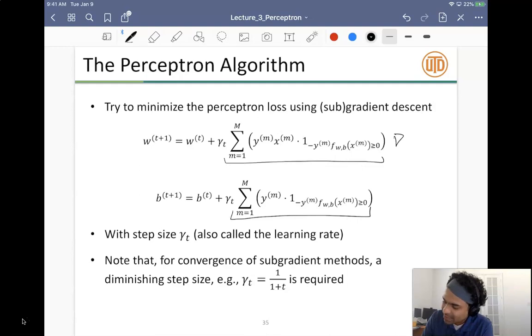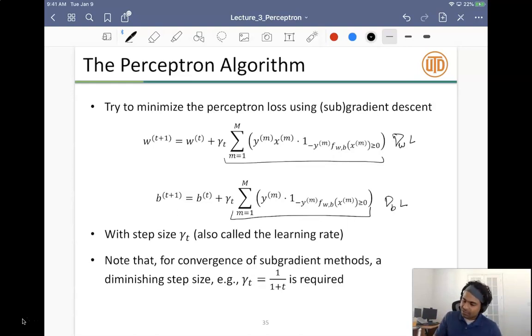I'm just using the delta sign. Typically you use the delta sign only for gradients, but I'm being a little lax right now and just using the delta sign for the perceptron loss. And this quantity is the gradient with respect to b of the perceptron loss. Then I just replace this subgradient quantity in the gradient descent, and I get subgradient descent.